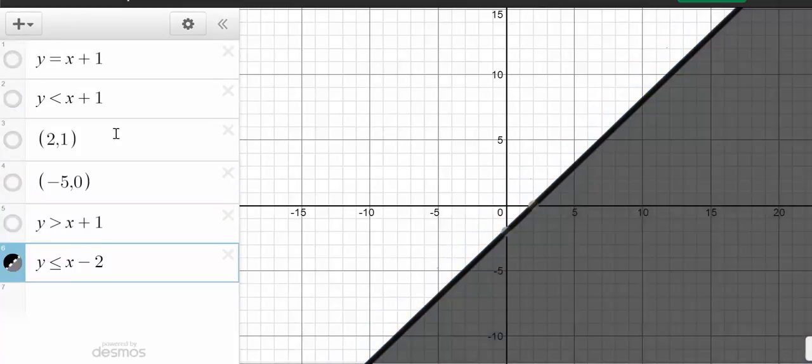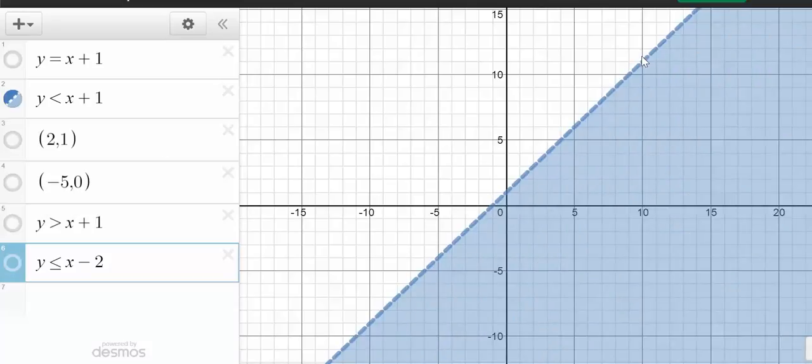What do you notice about this black line versus this blue line for the boundary line? Yeah, one's dotted and one's not. What does that mean? Yeah, so this one over here, my blue one, is just strictly less than. And this one over here is less than or equal to.